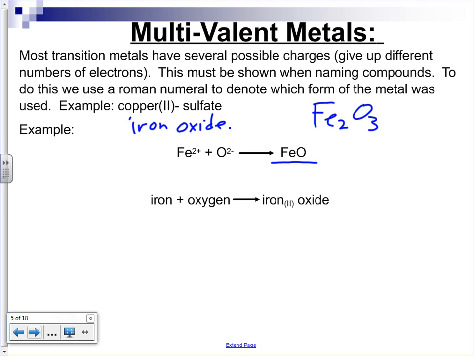So it's important to make sure you tell them which iron oxide you were dealing with. That's why we use Roman numerals to tell them which iron you had, whether you had iron that was 2+, or iron that was 3+, because they make different compounds. They make Fe2O3 instead.